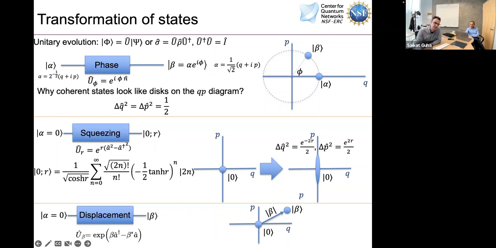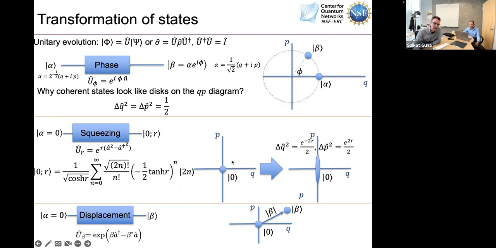I mean, I can define my unitary operator in a slightly different manner. Of course, this form, A squared minus A dagger squared, will remain more or less in place. And in that way, you can squeeze in different kinds of quadratures. So here I chose to squeeze the P quadrature, and that came at the expense of having a larger variance in the other quadrature.